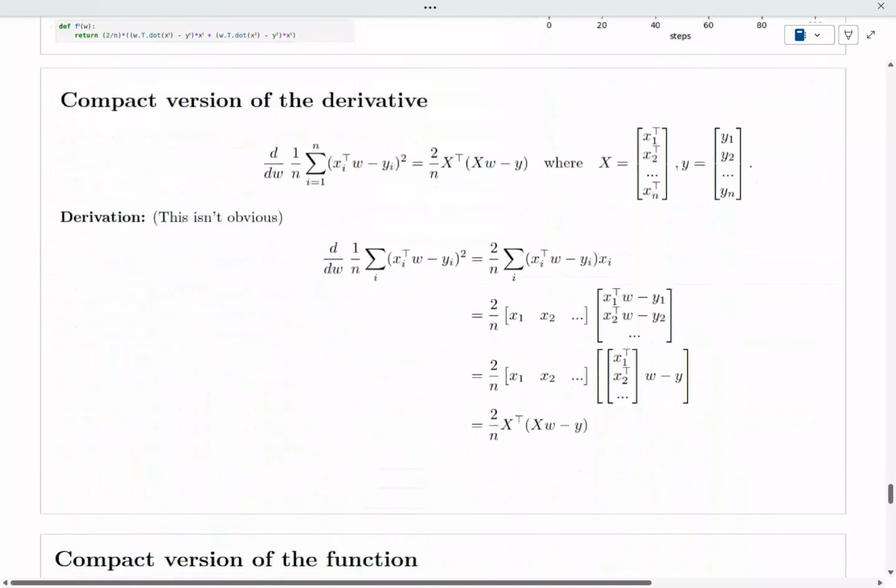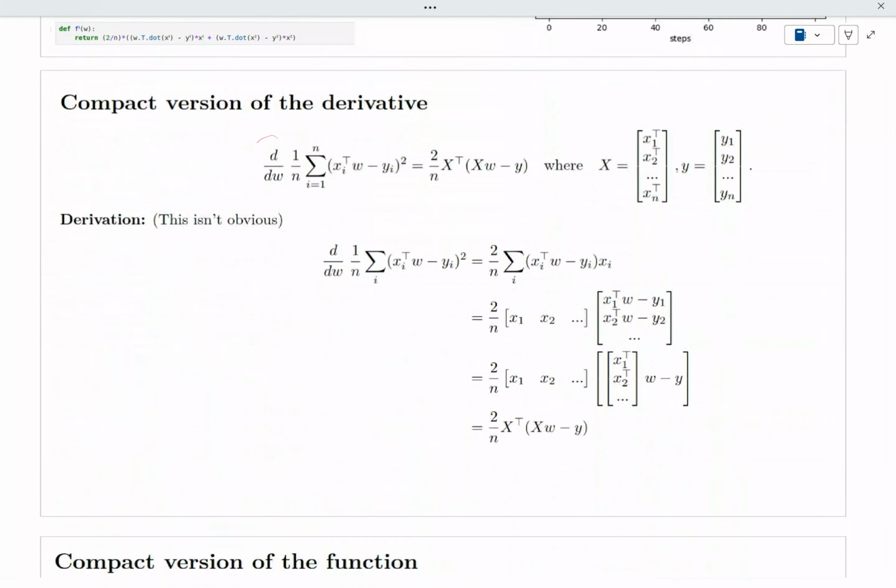Now, when we take the derivative of this, right, we learned the derivative. The derivative looks something like this. So this was actually, I believe, on your exam. So if you know how to take the derivative, you can just use this as a derivative for your code. However, it turns out that if you follow through a sequence of derivations, instead of having your derivative in terms of vectors, we can combine the operations together such that we don't need a sum anymore.